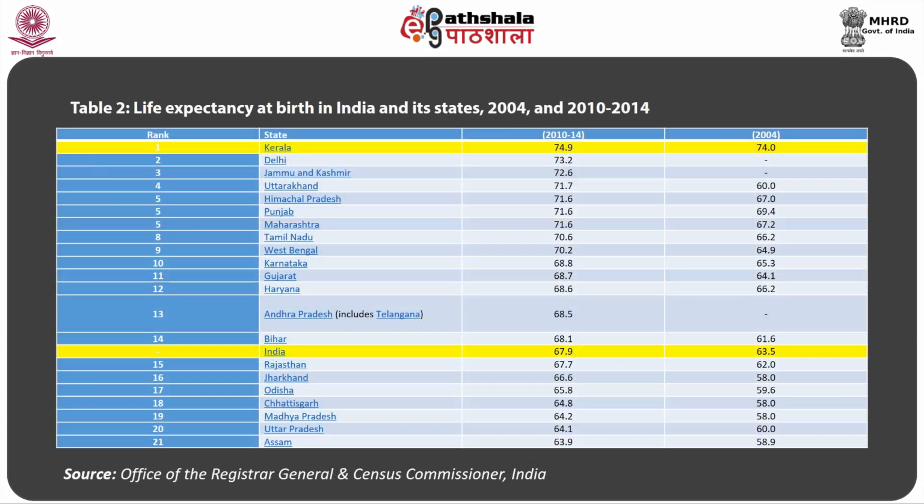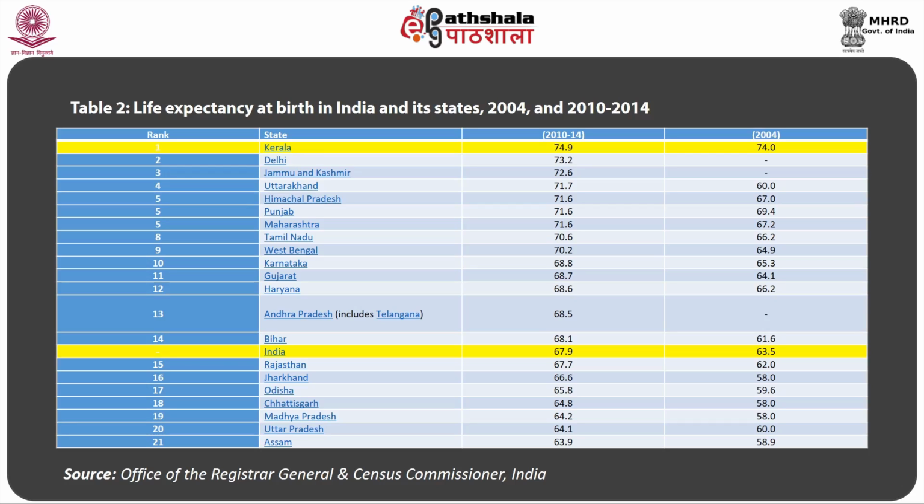When we analyze the life expectancy at birth for India and its states for 2004 and 2014, the results show that Kerala has the highest life expectancy at birth, about 75 years, while the national average is much lower, around 68 years.